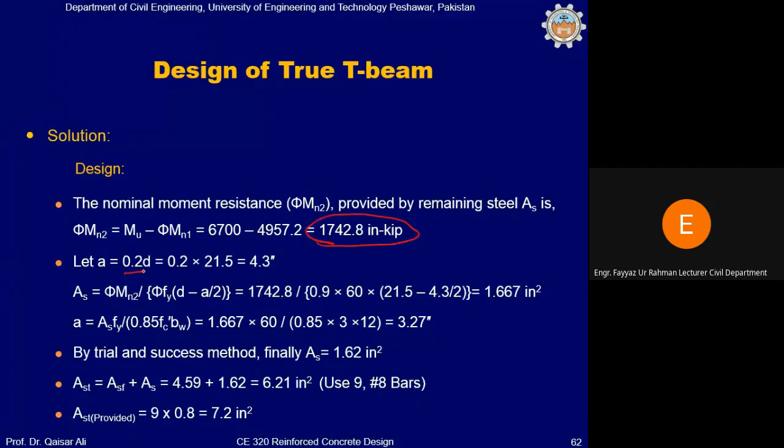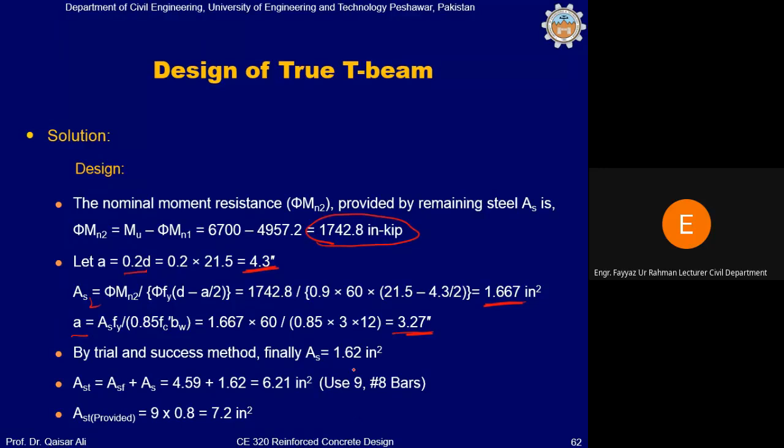Let a is equal to 0.2d. Even if you don't assume 0.2d, you know that a will be greater than 3 inches. So here it is 4.3 inch. From this, you calculate As, which is 1.67. This is basically As2. Clear? Recalculate a, which is coming 3.27.